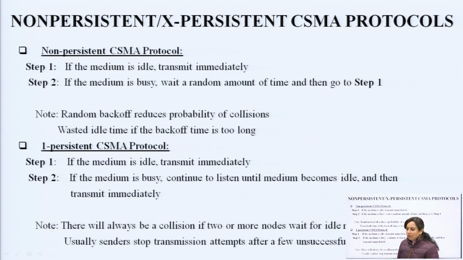First one is non persistent CSMA. The steps are: if the medium is idle, it will transmit immediately. If the medium is busy, it will wait for a random amount of time and then transmit the data.